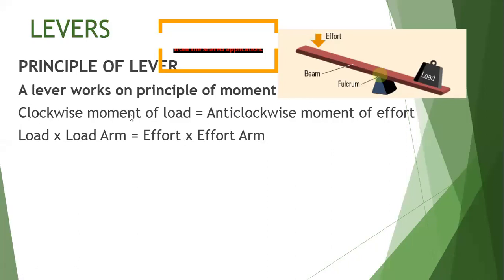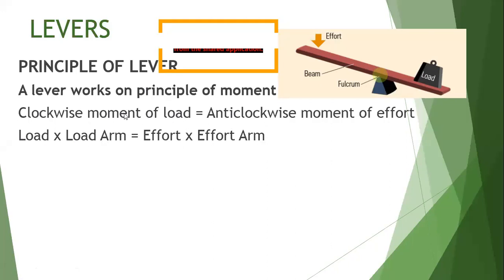So, the clockwise moment of load. I told you what load is: load is nothing but the force which the machine has to overcome. The clockwise moment of load will be force into perpendicular distance from the axis of rotation. Here the force will be the load, and the perpendicular distance from the axis of rotation is nothing but your load arm.